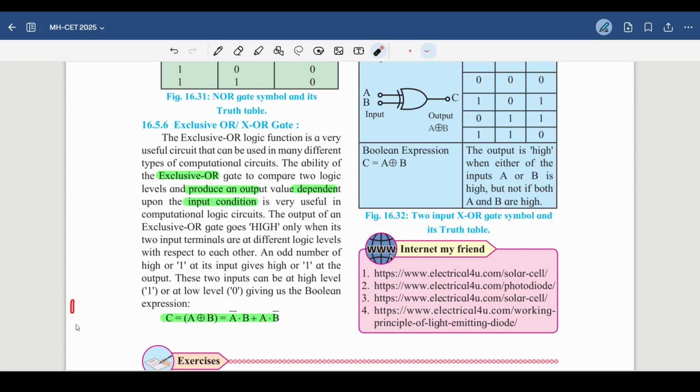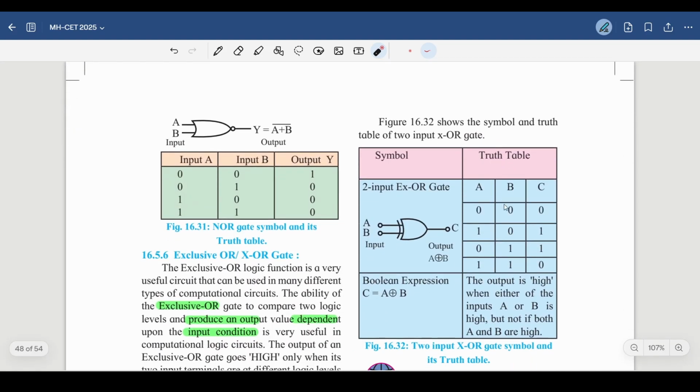So how will you read it? A XOR B, and this is equivalent to this. It is nothing but A inverted and B, or A and B inverse. This is how you read it. This is the symbol, this is the Boolean equation, and this is the truth table.